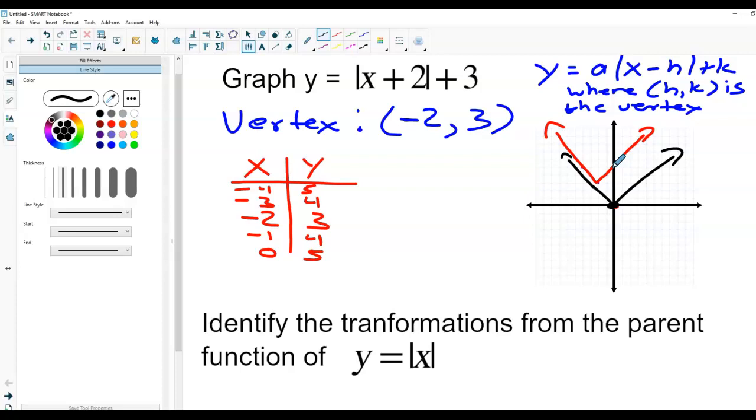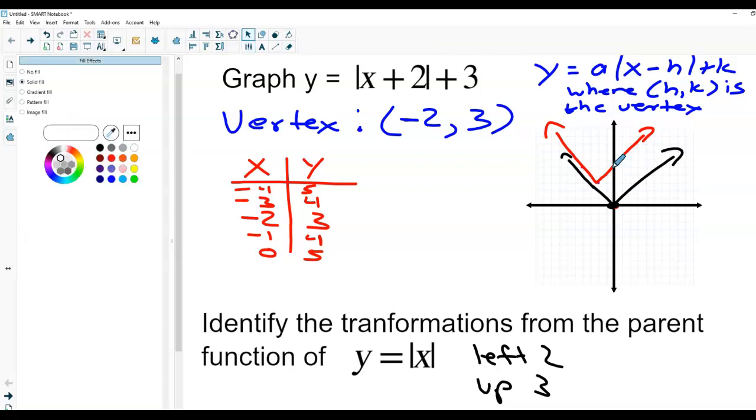So the transformation would be left 2, up 3. Essentially, in an absolute value graph, when the a value is 1, the transformation is whatever the vertex is. The vertex tells us our shift when a equals 1. When a doesn't equal 1, we have to make some adjustments to it.